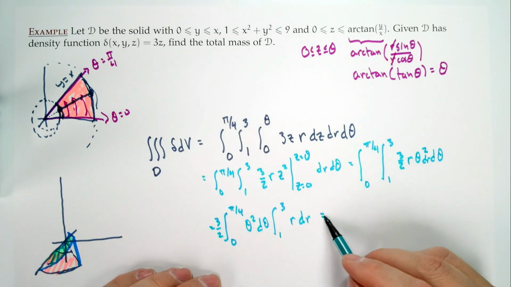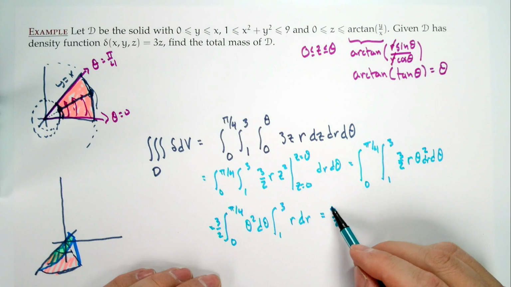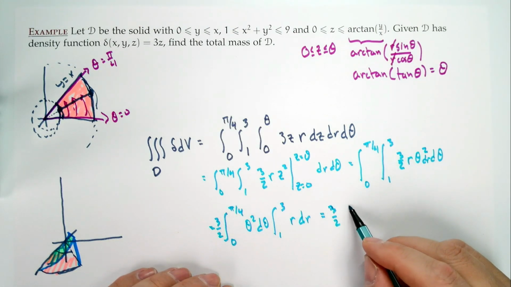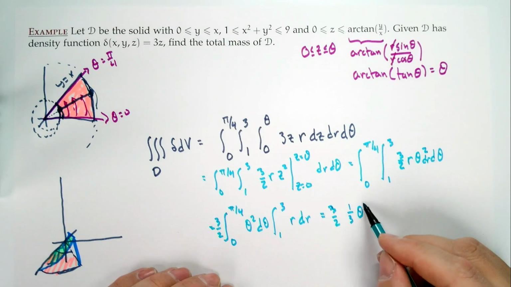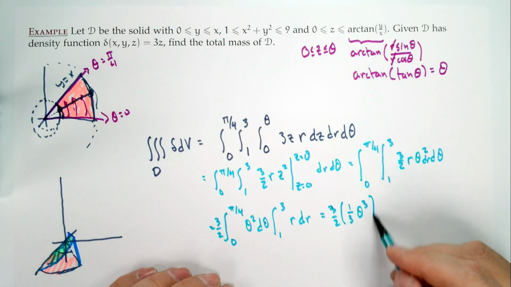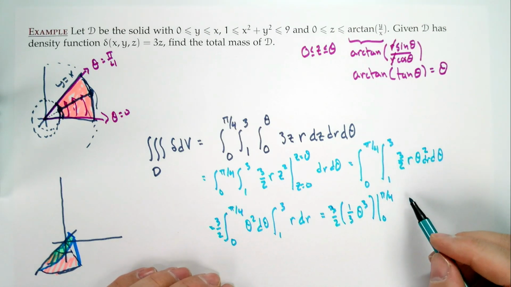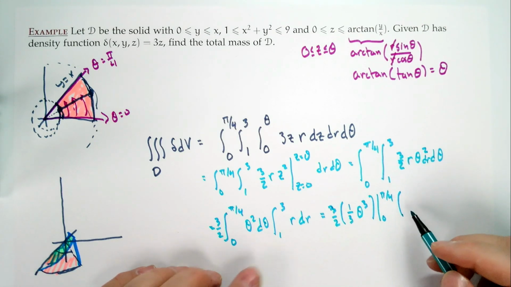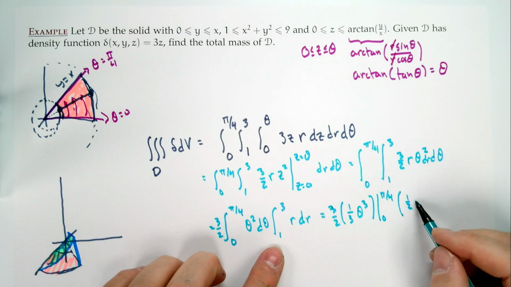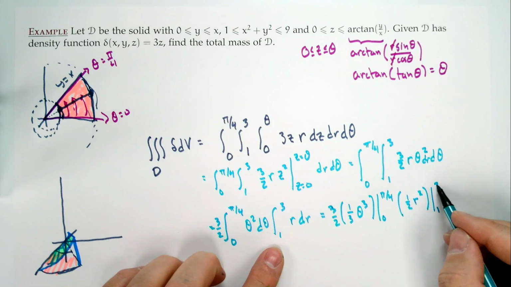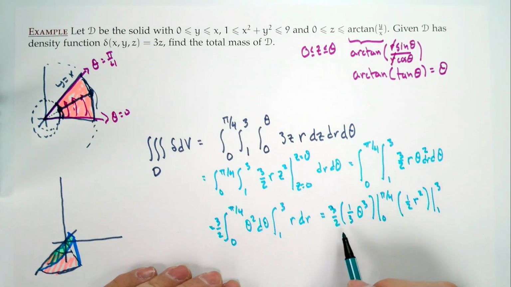So this becomes 3 halves, and then the integral of theta squared is 1/3 theta cubed, which I'm going to evaluate from 0 to pi over 4. And then I also have the integral of r, 1/2 r squared, which I'm going to evaluate from 1 to 3. So we can do a couple of things.